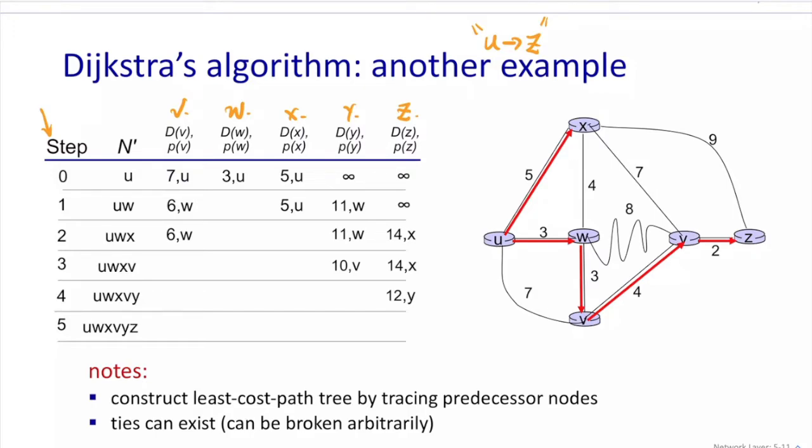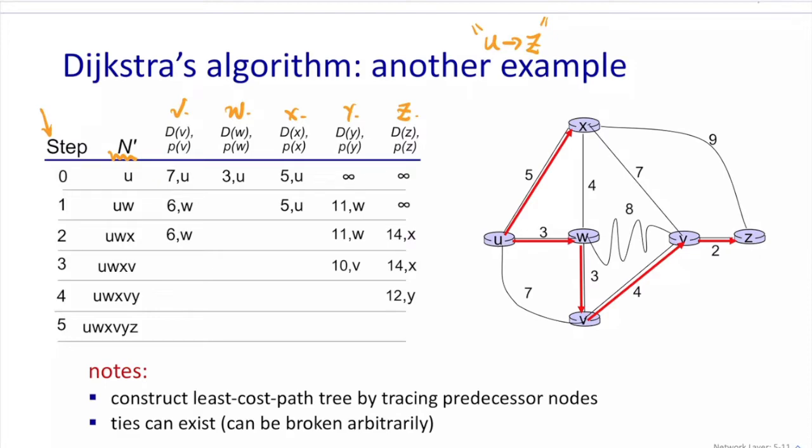We have 6 steps to deal with how to find the shortest path between U and Z. Here we have a notation, capital N prime. N prime means how many different nodes have been processed, have been calculated by using Dijkstra's shortest path algorithm. As you can see, at each step we will include one node.